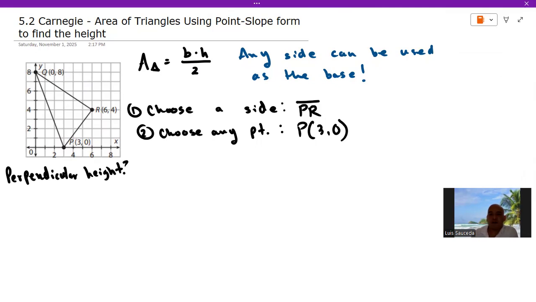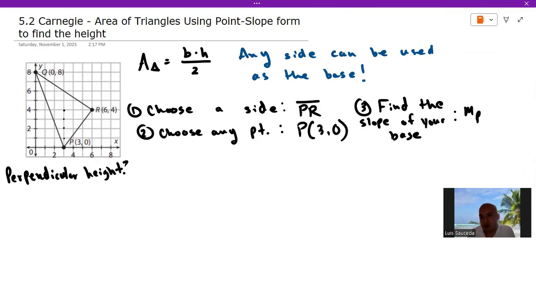Now step three is find the slope of your base. In this case, my slope is going to be rise over run, unless you want to use the slope formula. If you go up 1, 2, 3, 4, that's 4 up.